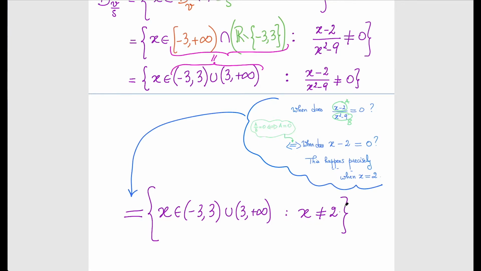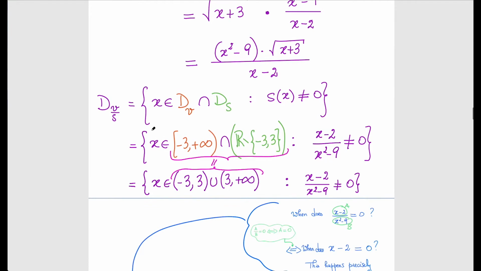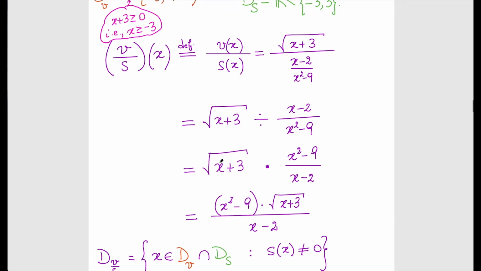Again, I'm unraveling what it means in terms of x, because I need information. I need to find the domain of the function, and the domain is the collection of all the accepted input through the function, which is the quotient function here. So, who's the input? It's denoted by x. So I'm trying to understand under what condition on x, v over s acting at x is meaningful.